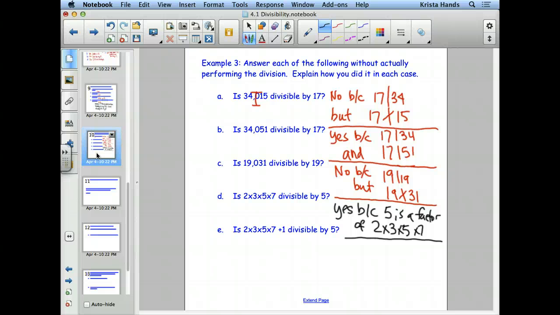So this one is no. It will end in 1 or 6, exactly because the last one had to have ended in a 5 or a 0. Any questions on that one?